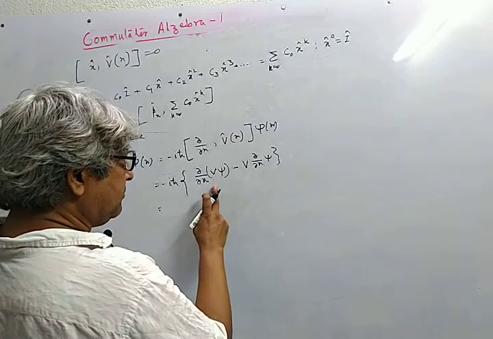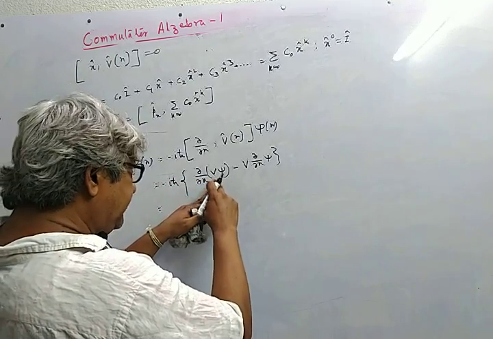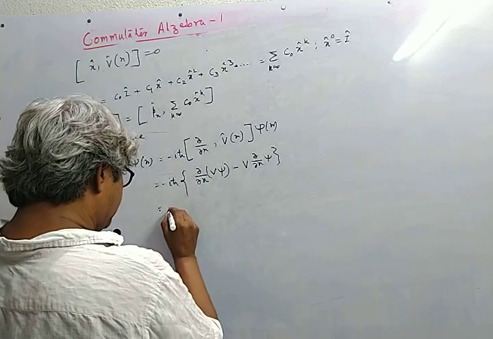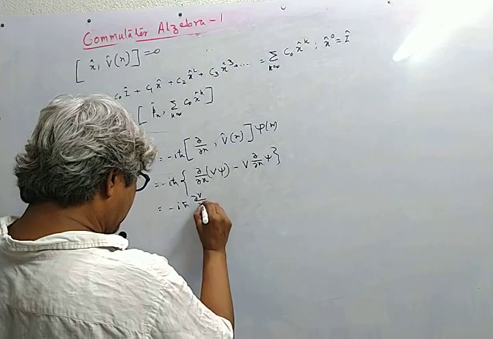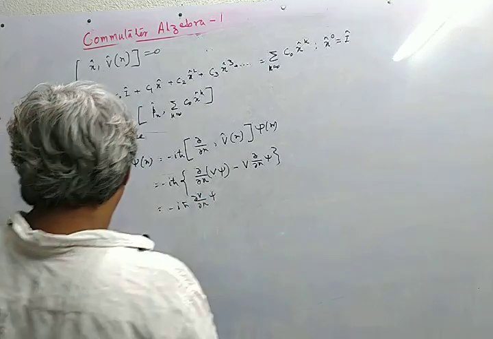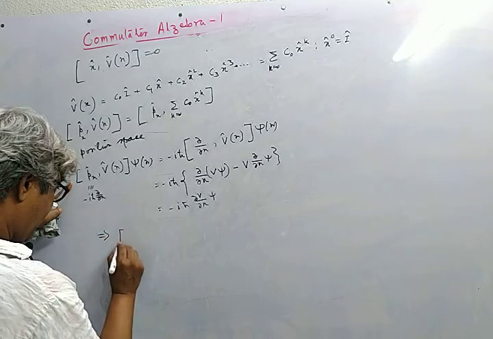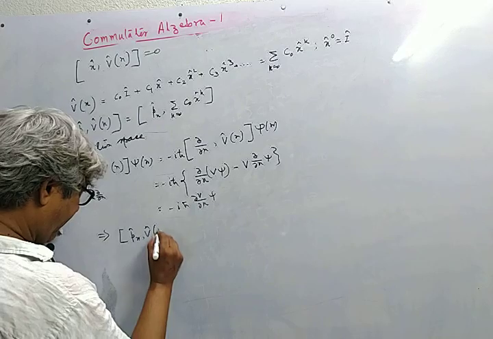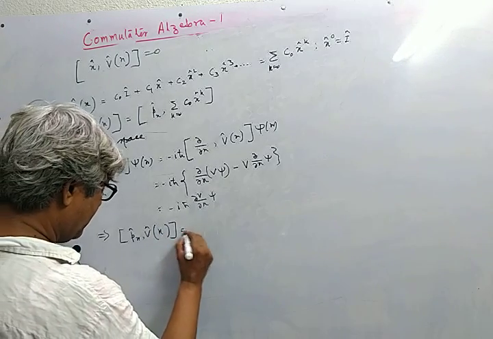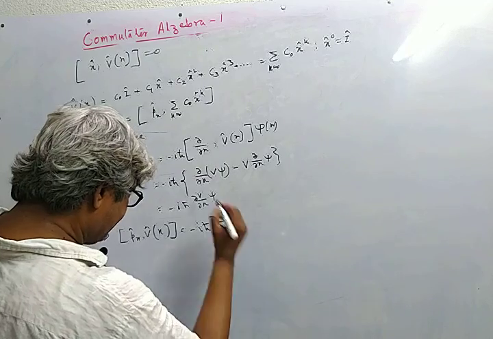It will have two terms, and only the del V del x term survives, so minus i h cross del V del x times psi. So from these two relations we conclude that the commutator of px with V of x is equal to minus i h cross del V del x.